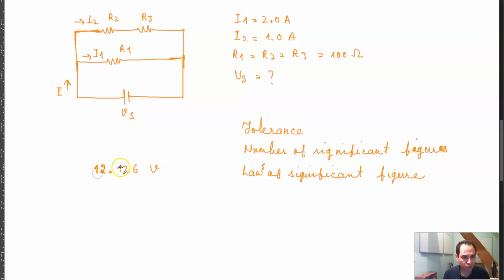Since your multimeter has actually measured all of these digits, all of these digits are measured digits. And since they are measured digits, they are all significant in this number. Therefore, you can say that this number has 5 significant figures: 1, 2, 3, 4, and 5.